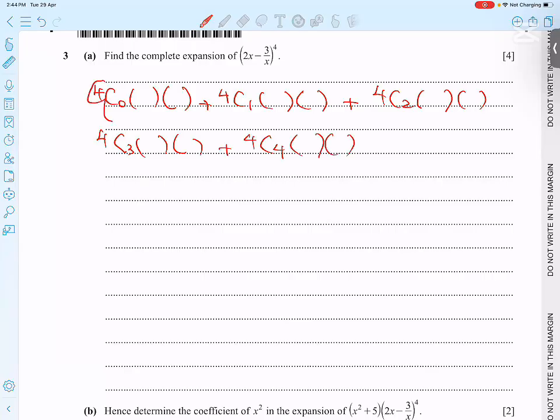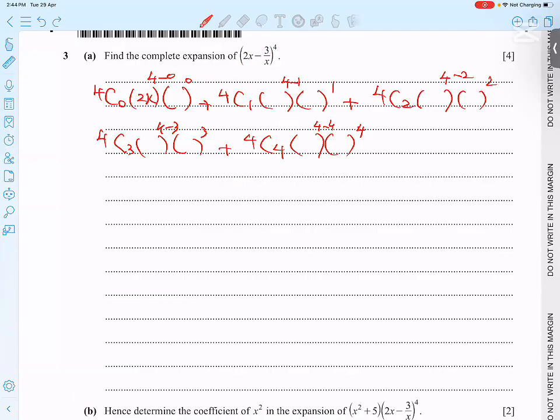What is the power of this one? So 4 minus 0 comes here, and 0 comes directly here. Then the same way, 4 minus 1, 1, 4 minus 2, 2, 4 minus 3, 3, 4 minus 4, and 4. In each, the first term, I will write 2x.